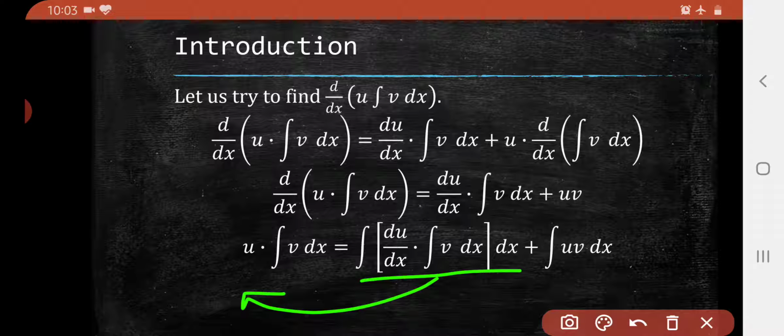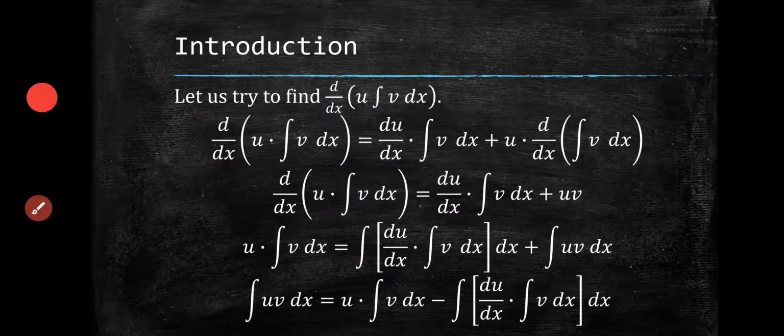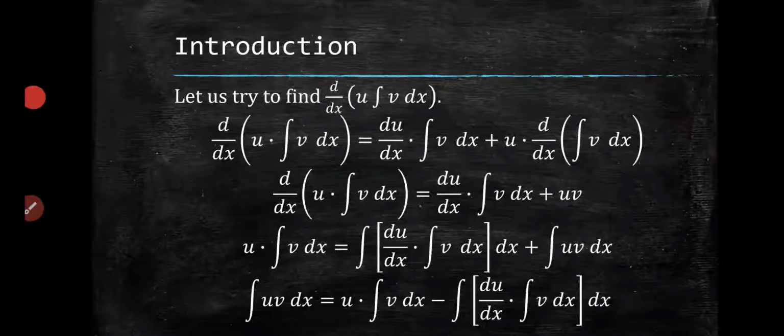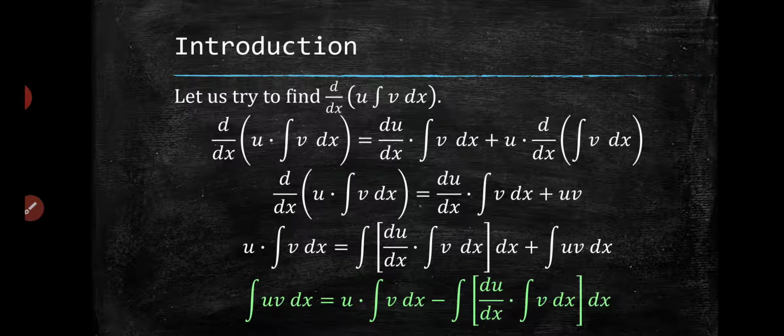We have integration of uv dx is equal to u into integration of v dx minus integration of du/dx into integration of v dx whole dx. So this is exactly what you get. And this formula is called the formula for solving integration by parts. So this is exactly the formula which we need to remember, which we will be using for solving our problems.